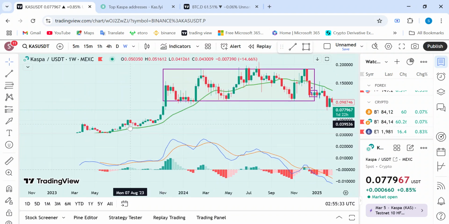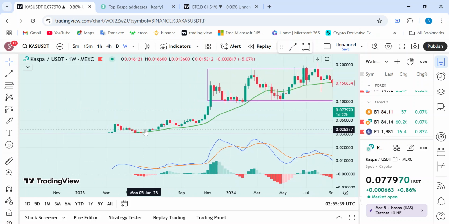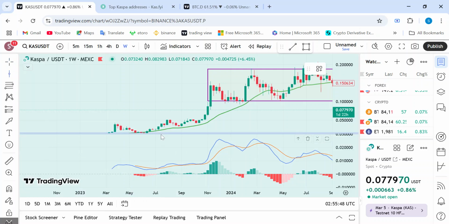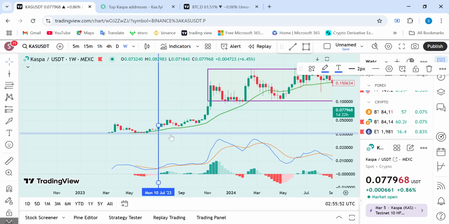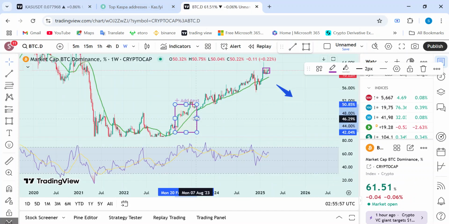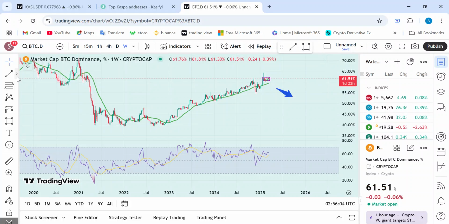So May, June, you see here in the time, I'm going to put a vertical line around June, July, where momentum was shifting towards the upside, just to compare where our Bitcoin dominance was in June, July of 2023, okay?